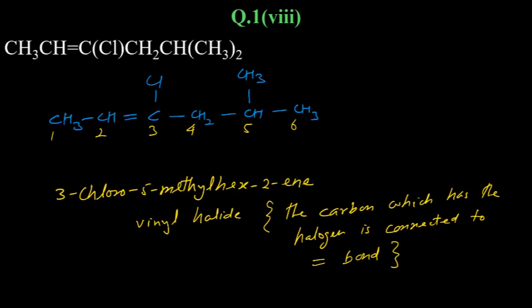It's not the adjacent carbon. It is the same carbon which is attached to halogen that is attached to the double bond. If it would have been the adjacent carbon, then it would be an allylic halide. But in this case, it is a vinylic halide, and you don't need to mention primary, secondary, tertiary in this case.